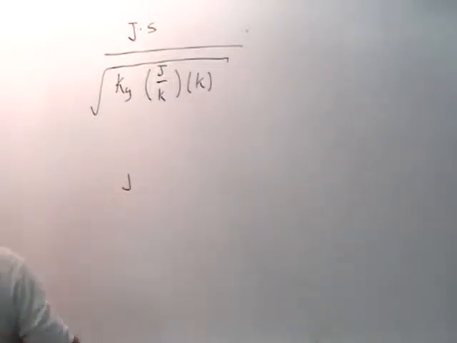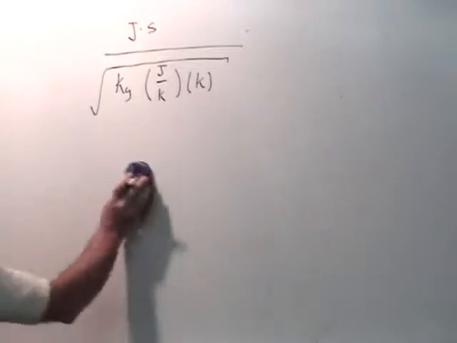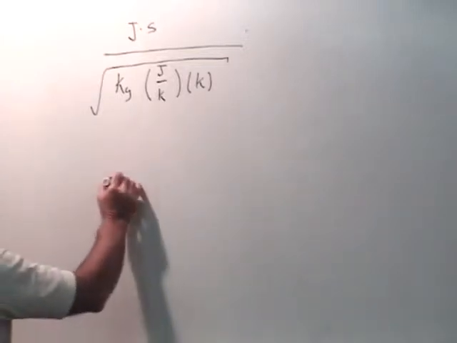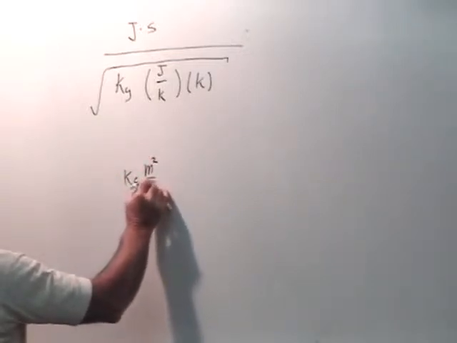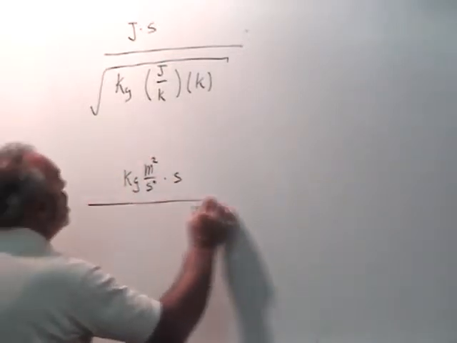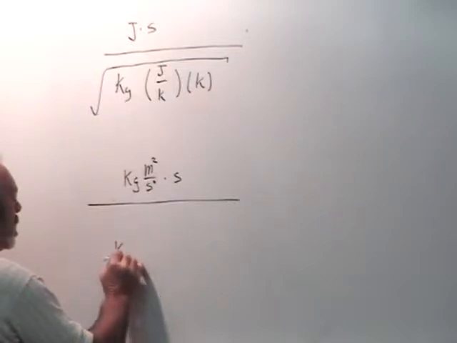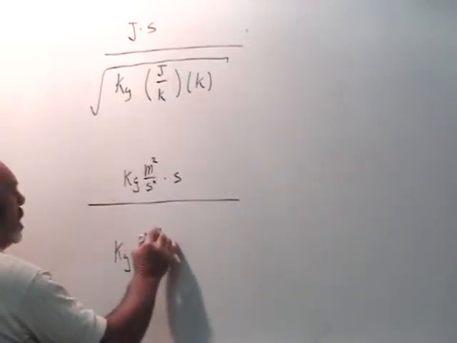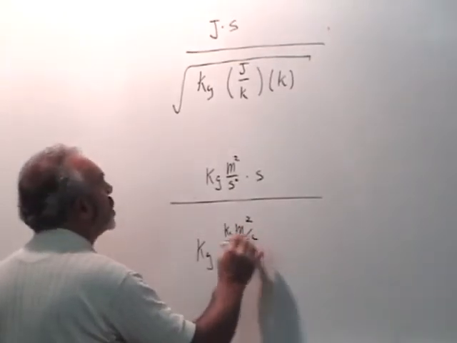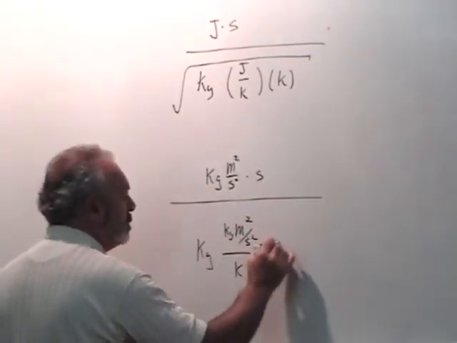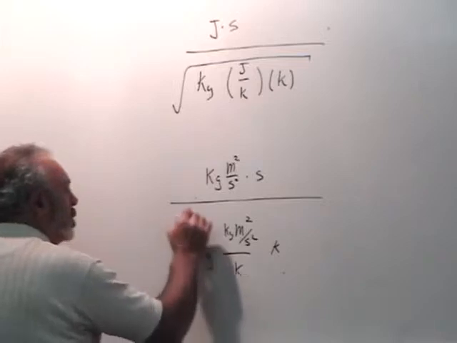This is, wait a minute, joules, not joules again. This is, of course, kg meters squared per second squared times seconds, divided by kgs, kg meters squared per second squared over kelvins times kelvins under the square root.